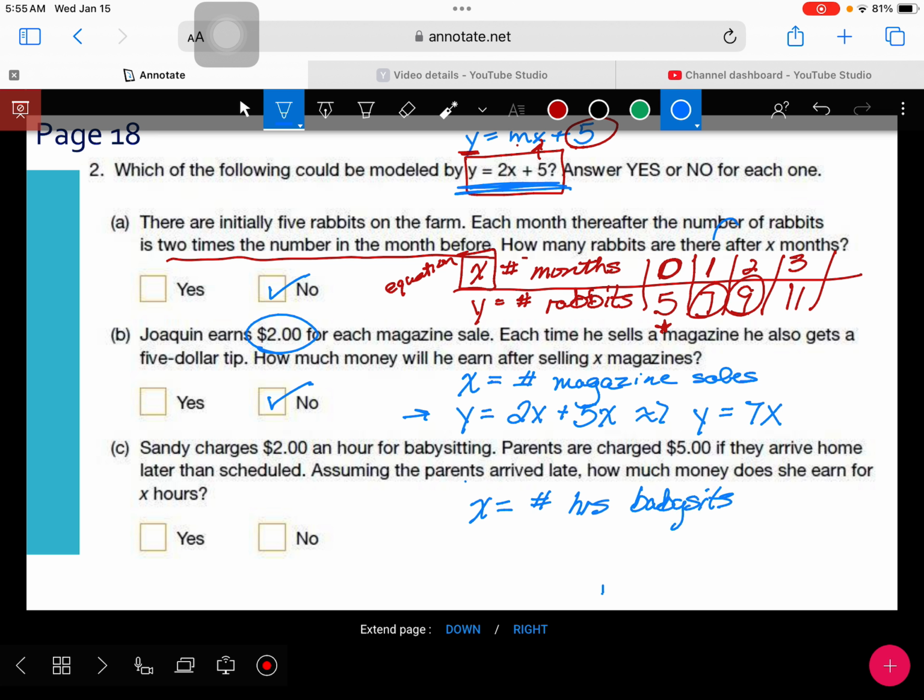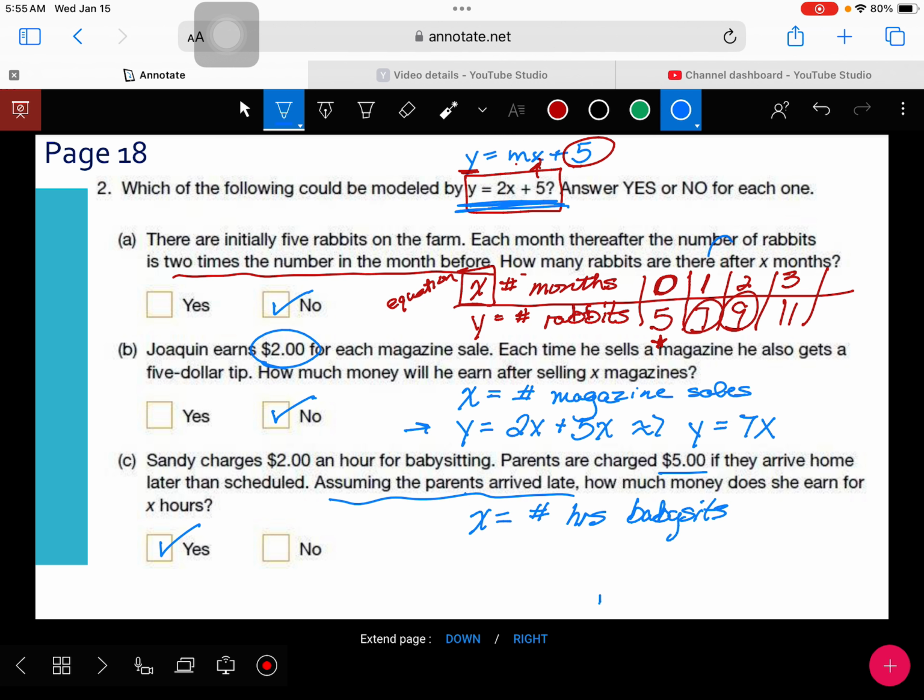And then assuming they arrive late, she charges $5. That $5 is a one-time fee. It doesn't happen all the time. So 2 times the number of hours that she babysits plus $5 for the one-time fee. We're assuming they arrived late. Then yes, this is going to work for our equation y equals 2x plus b. 2x plus 5.